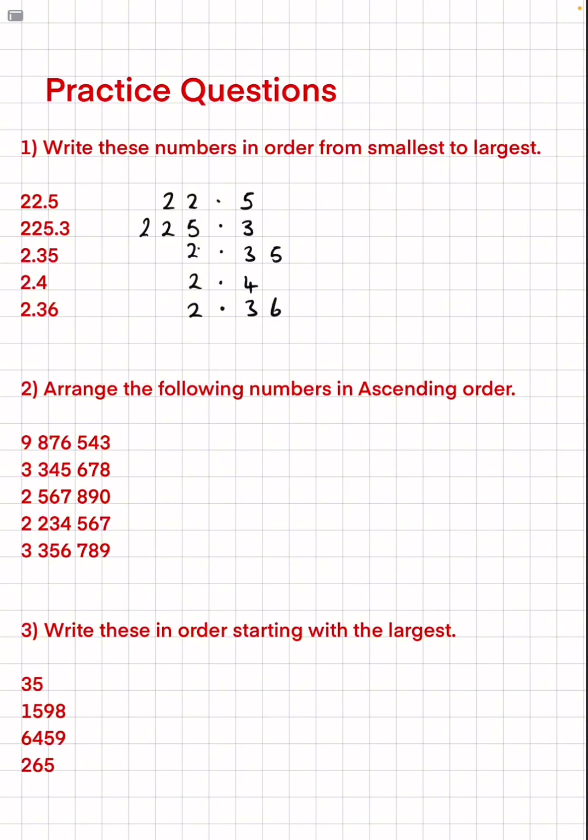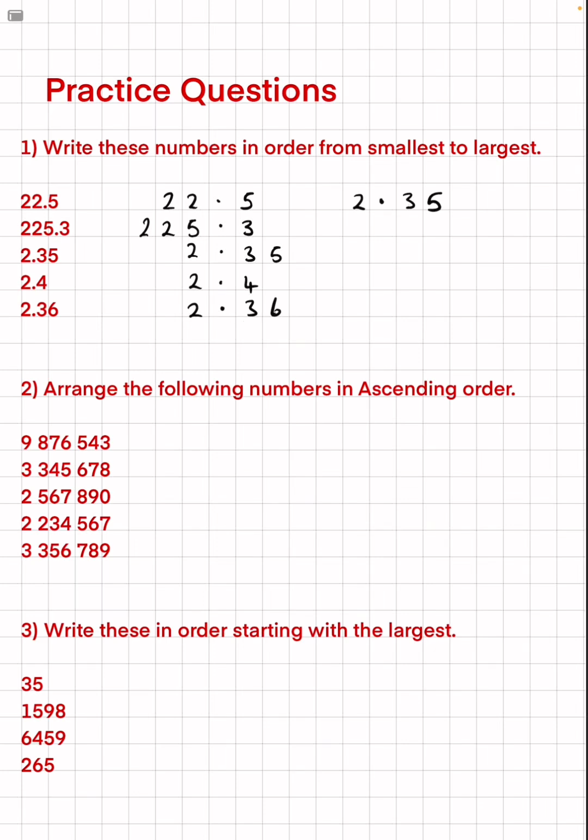These three numbers have the same whole number parts, so we can compare the digit after the decimal point. We have 3, 4, and 3. 3 is smaller than 4, so the smallest number will be this number or this number. These two numbers are the same, so we can have a look at the next digit. We have 5 and 6. 5 is smaller than 6, so the smallest number is 2.35.